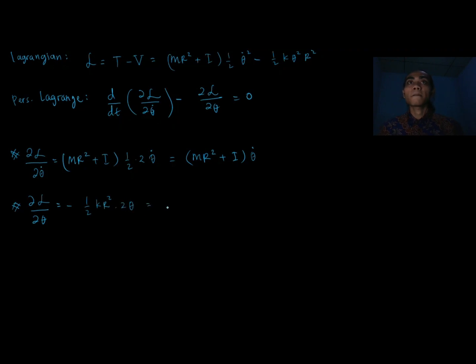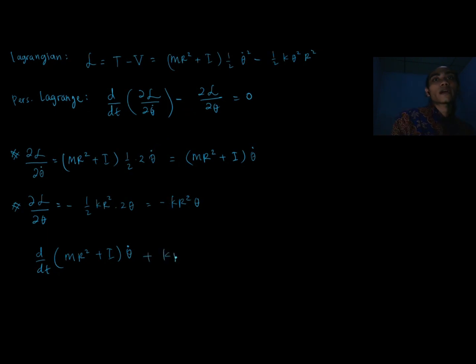So we substitute into the Lagrange equation, which is d/dt of the partial derivative of the Lagrangian with respect to theta prime, minus the partial derivative of the Lagrangian with respect to theta, equals 0.